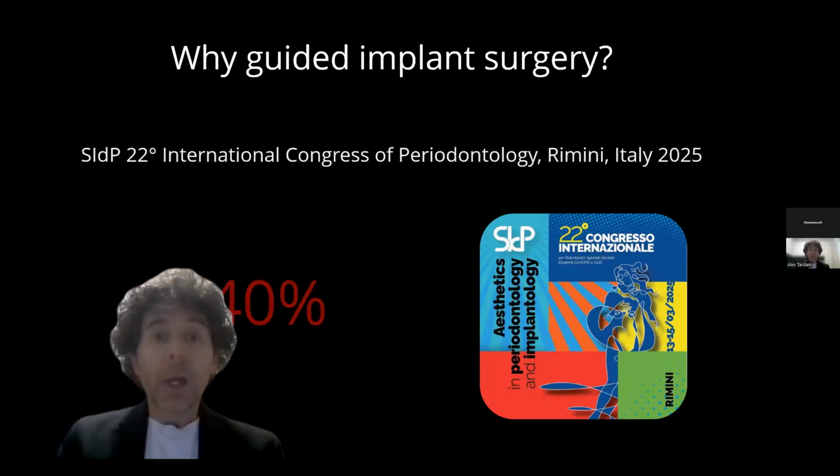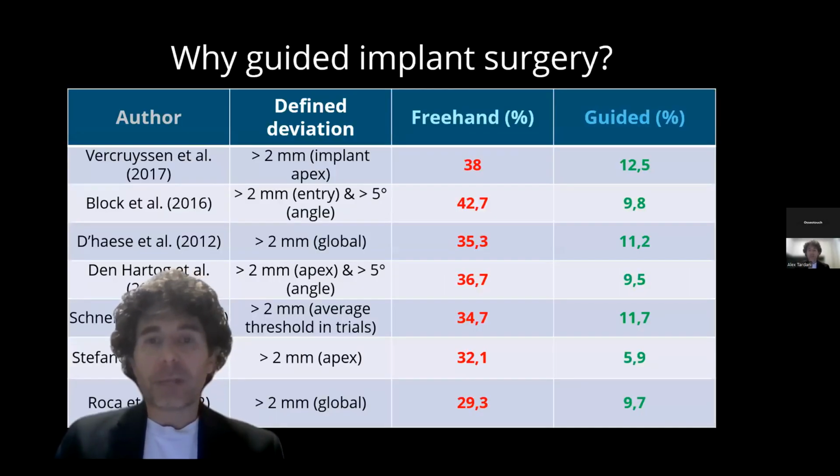So, what was done? Just a quick summary. This is the only table tonight, so I won't overwhelm you, but it's to explain the difference that's normally used to determine a well-placed implant versus a poorly placed one.